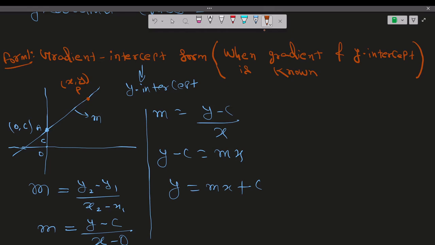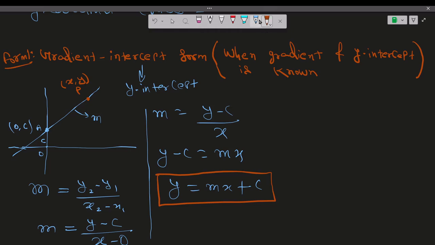The equation of any curve or line will involve variable x and variable y. So if you have a line whose gradient is M and y-intercept is C, then the equation of the line will be y equals mx plus c.